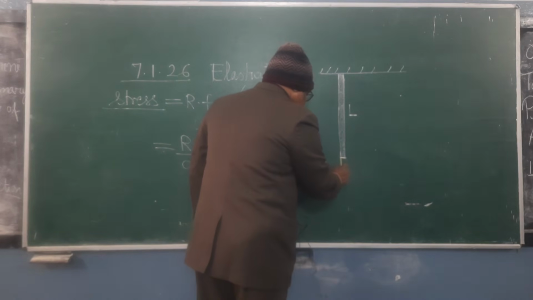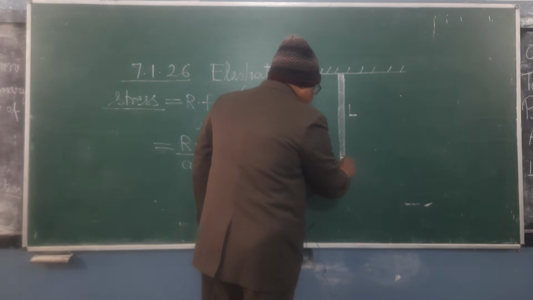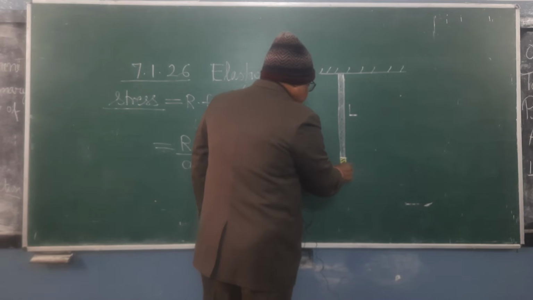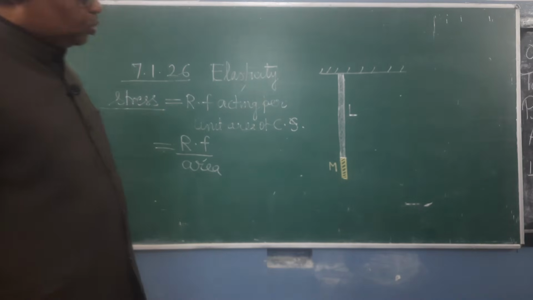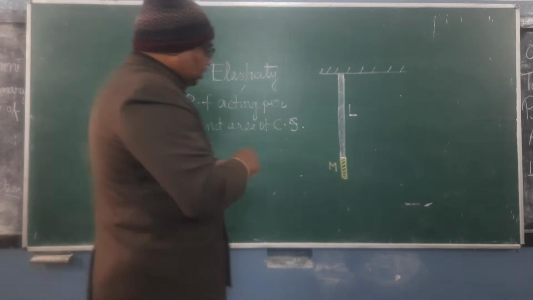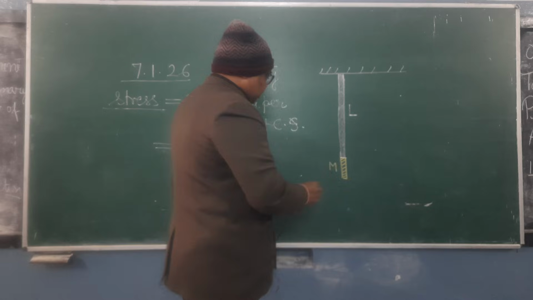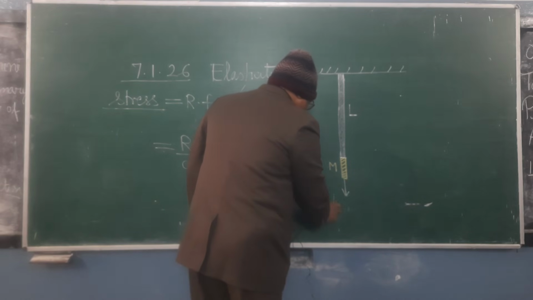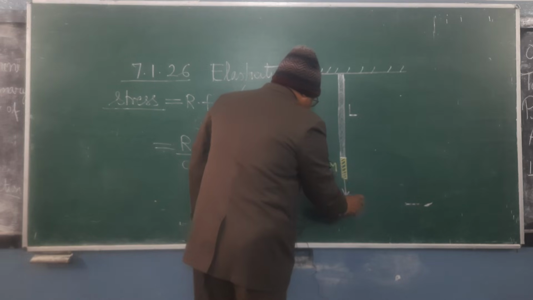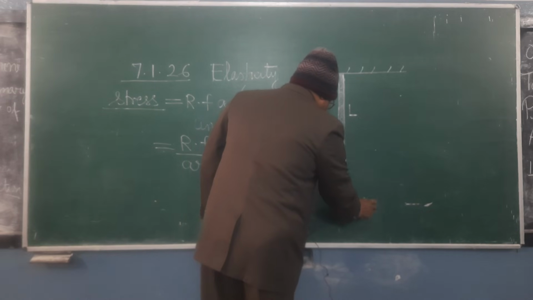Suppose the mass is m, then how much weight will act? mg force is acting on the wire. Means the deforming force is equal to F equals mg.